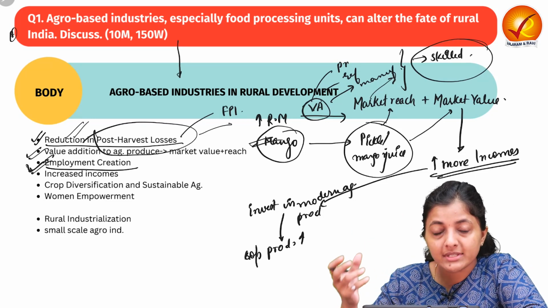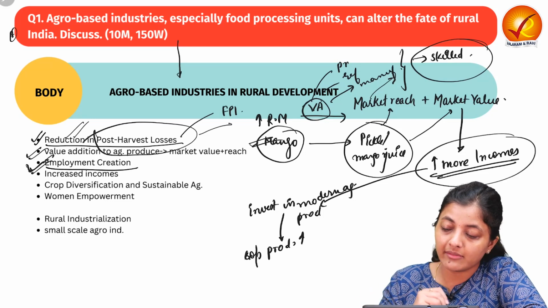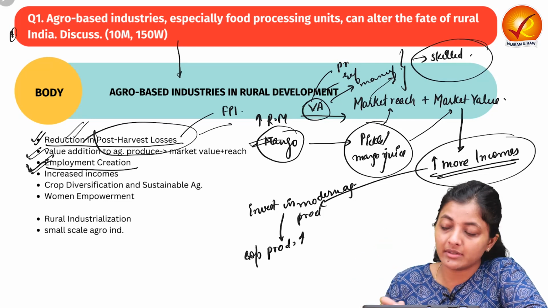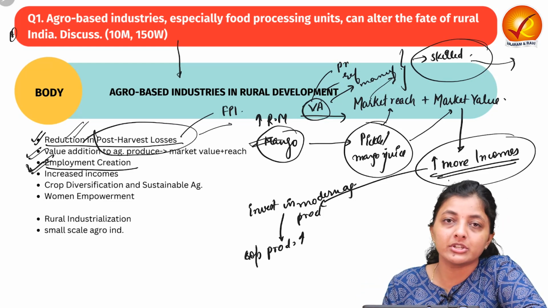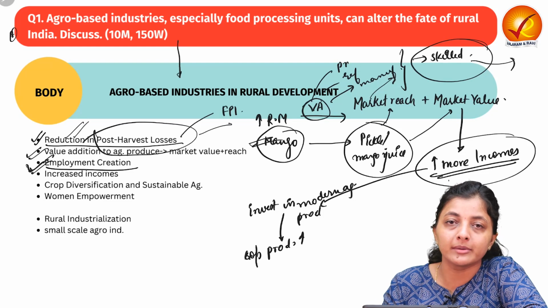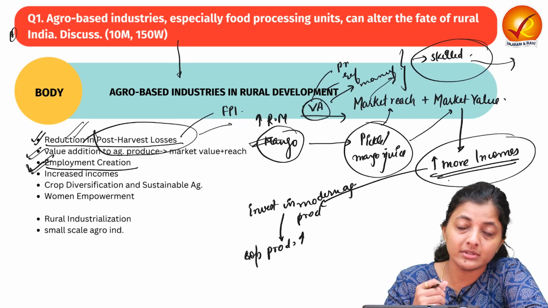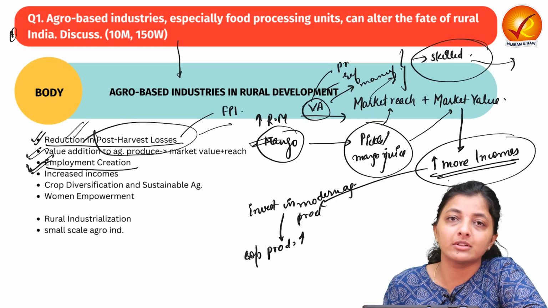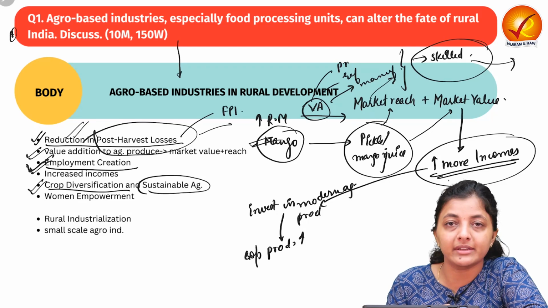And through this employment generation people are earning, and also if the market value is increased, it means they are earning more, and their incomes are getting improved. And when the farmer has the diverse source of the income or the revenues, it means they are financially stable also. Then next is crop diversification and the sustainable agriculture.